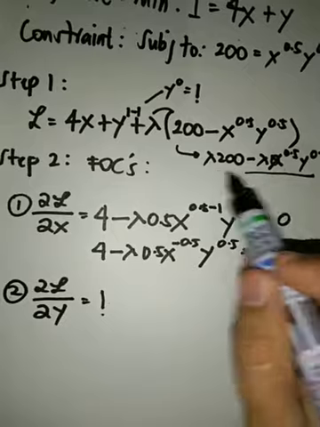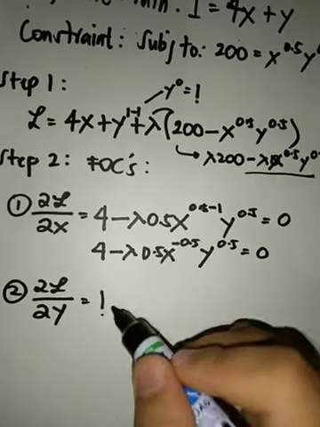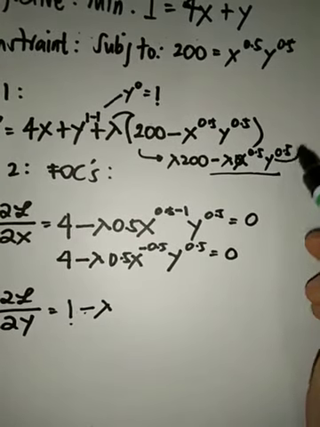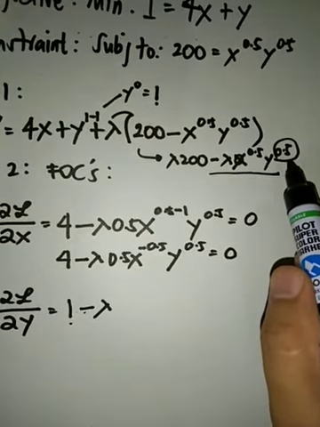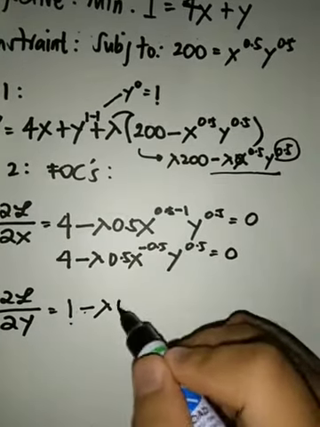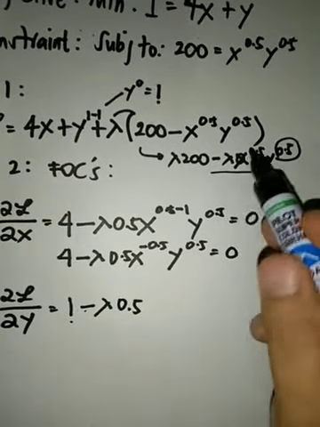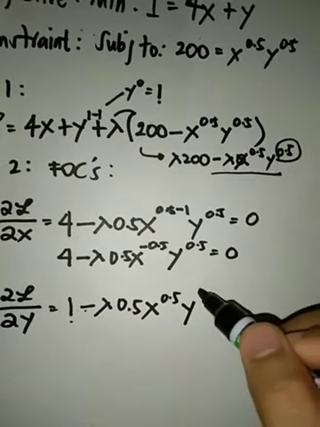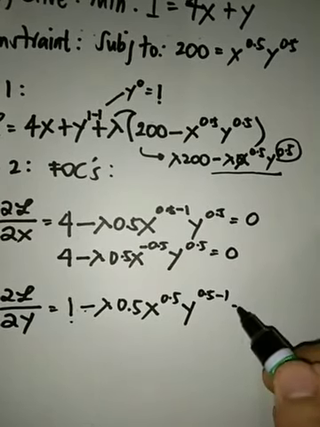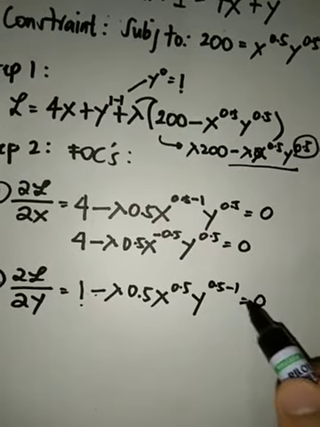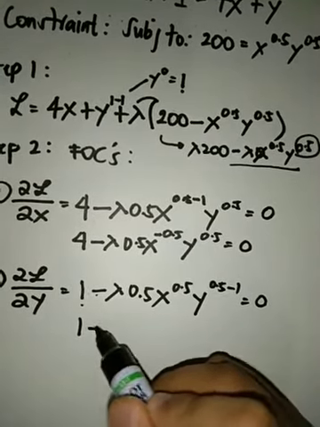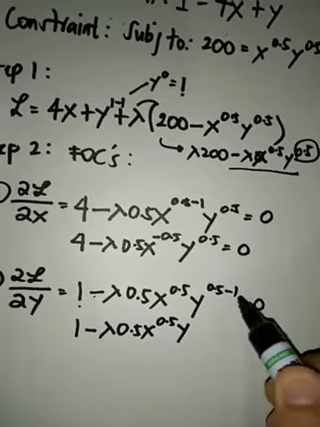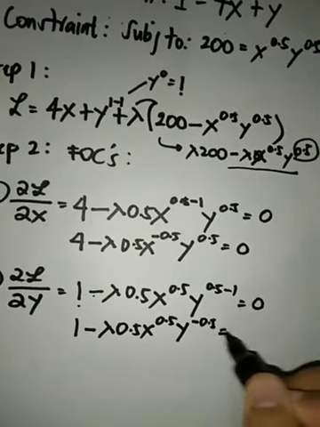Then this one is gone, and this becomes minus lambda. Don't forget that we have the exponent of y, and we put it as our coefficient. Then copy the x raised to 0.5 y, then 0.5 minus 1, negative 0.5, equals 0.